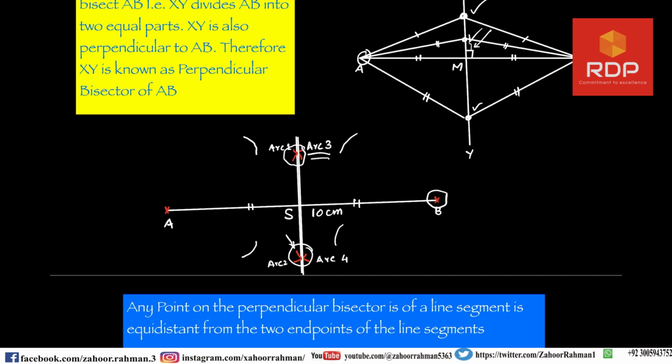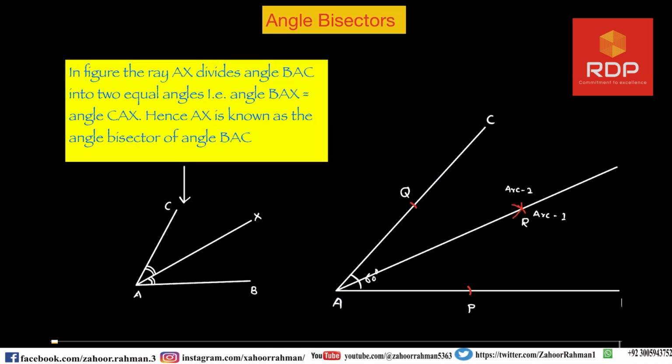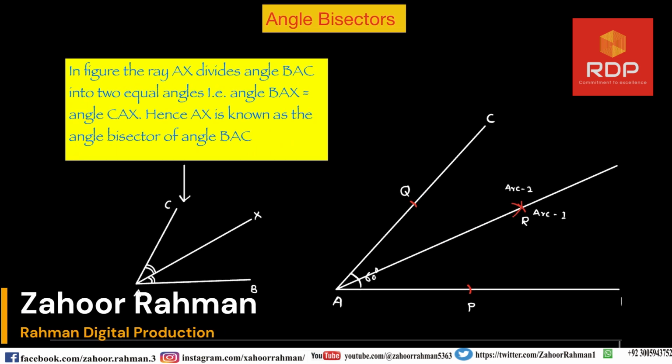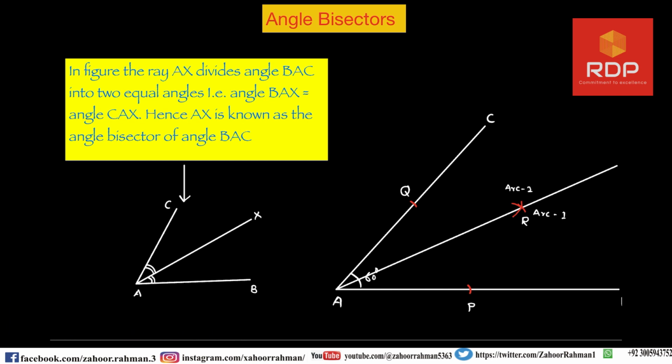When you are joining those points to the endpoints, then they will be of equal distance as I told you. Now let's turn our focus to the second, and that is the angle bisector.